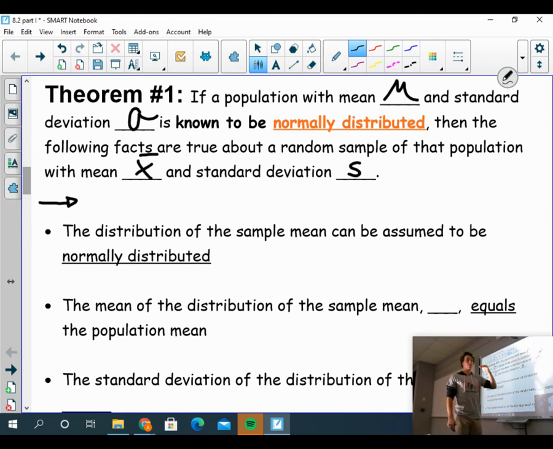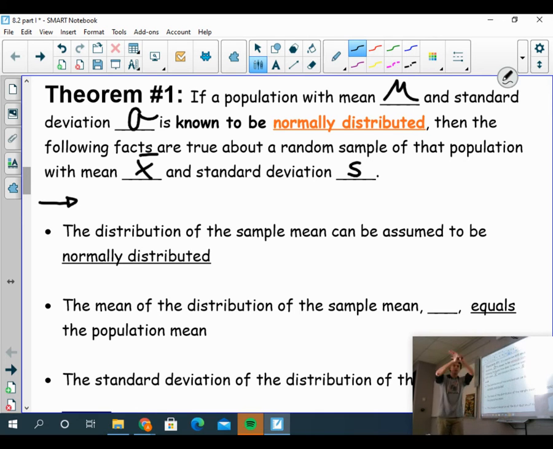So what we ended up with is 100 sample means. And we made a distribution of those sample means. We made a little frequency table out of it. We made a relative frequency histogram. We had a red line estimating the normal curve. Again, you can go back and look at page 318 to see that. And we went from there.